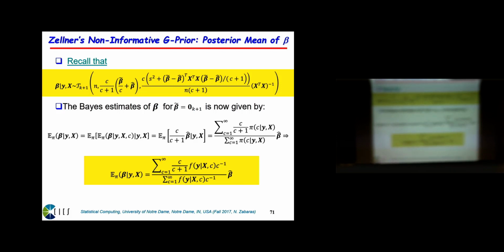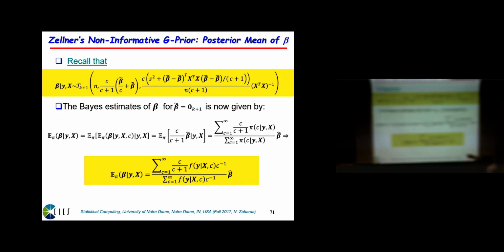I'm going to use my standard trick: compute the mean and the variance of that distribution by conditioning on C. The mean with C integrated out is the expectation with respect to C of the expectation of beta conditioned on C, and that is basically this quantity here.